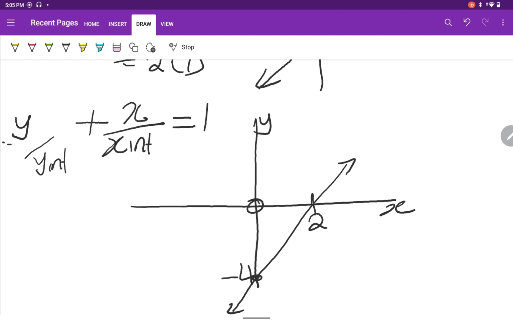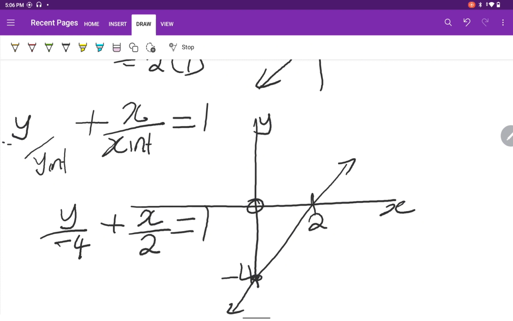So remember, this formula works only if the 2 points that are given are the intercepts. So you can easily use that formula. So in other words, we will have y divided by the y-intercept, which is minus 4, plus x divided by the x-intercept, which is 2, equals 1.